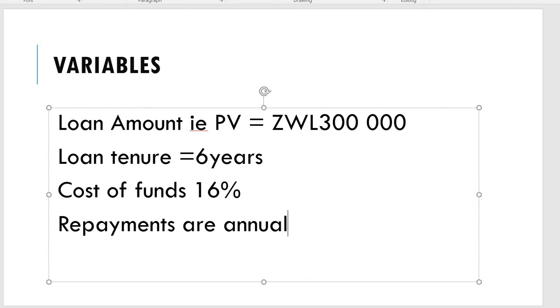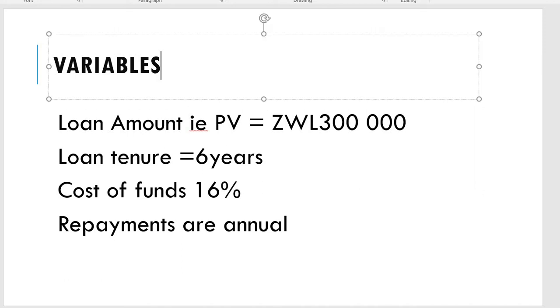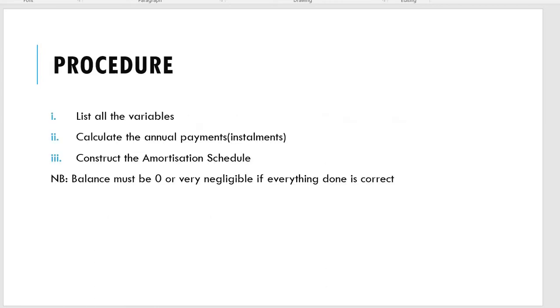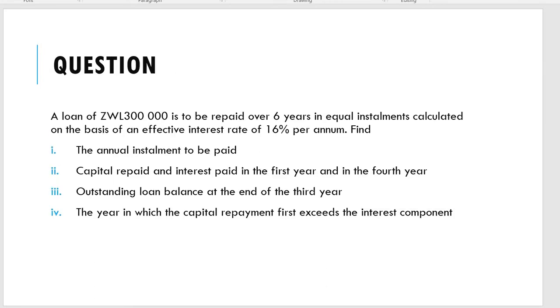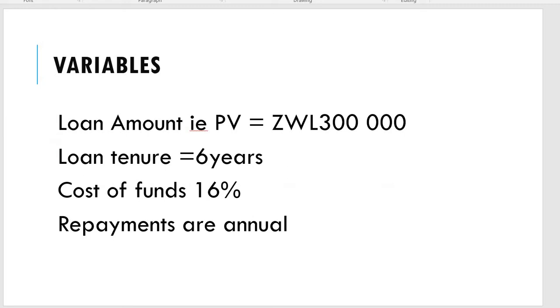Now, if for instance this question requires us to pay monthly, we should be able to make some adjustments there on tenure. If it's 6 years, we turn that into months as well. This one, we turn into a monthly rate. Right, so those are the variables that we have in that question. Let's just check. Yes, those are all the variables that we have.